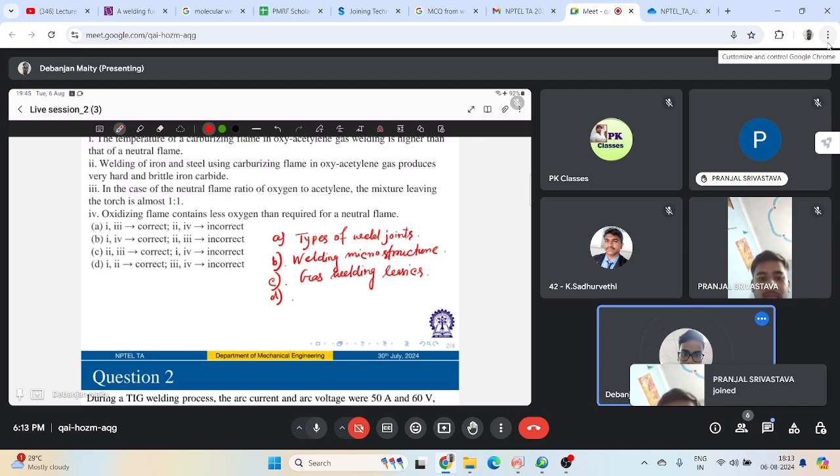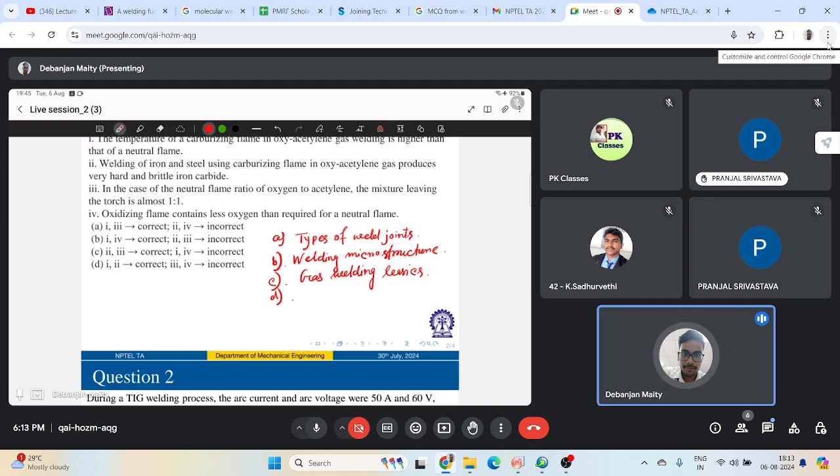As I was saying, we'll have some gas welding basics, and then we will move to the physics of arc initiation. How does arc occur, and those aspects. So we'll move to arc physics, and then some fundamentals on shielded metal arc welding, gas tungsten arc welding, those different processes, right?